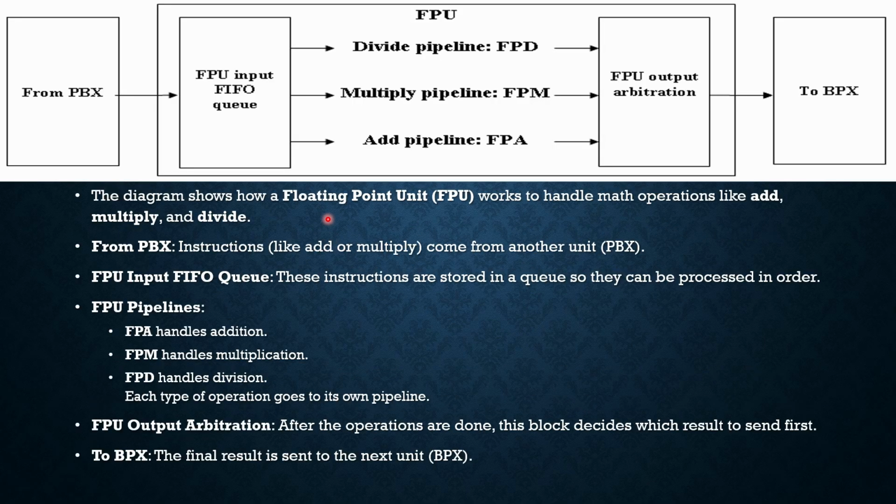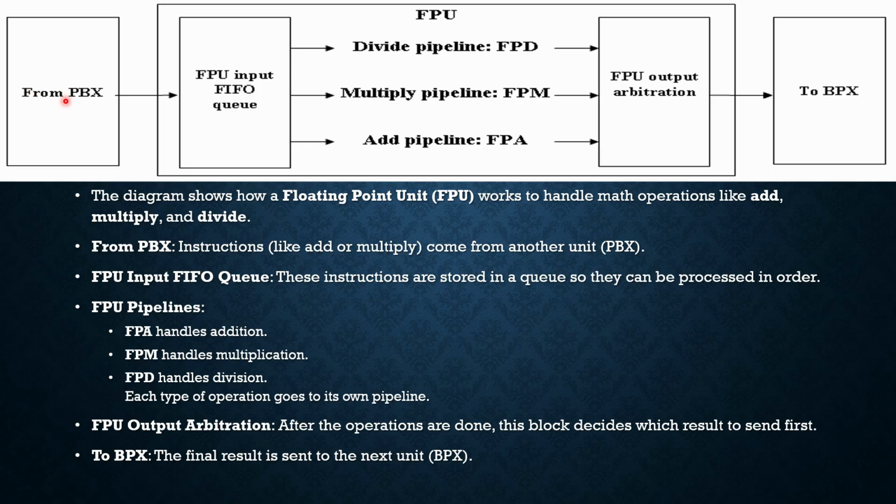Here I show one diagram regarding the FPU block. The diagram shows how the FPU works to handle math operations like add, multiply, and divide. There is a PBX block.